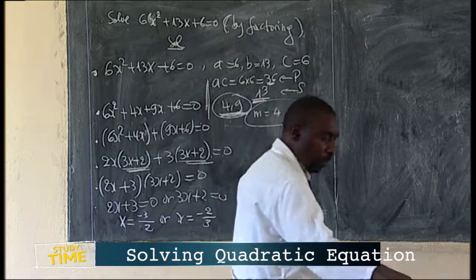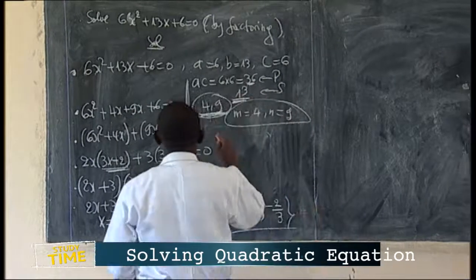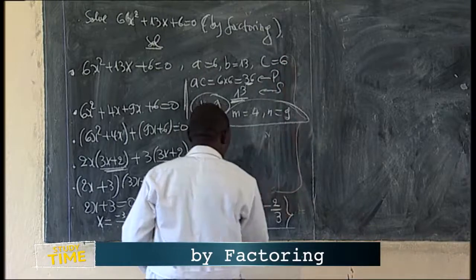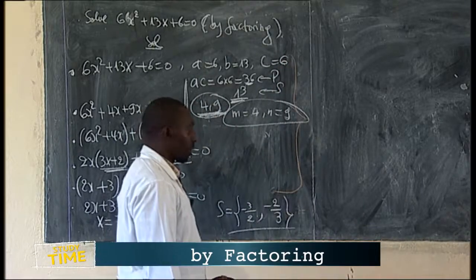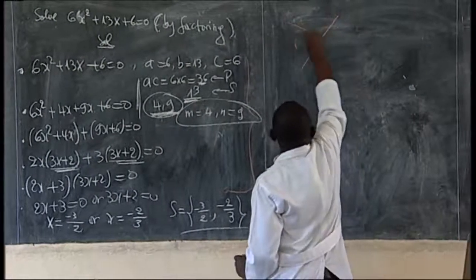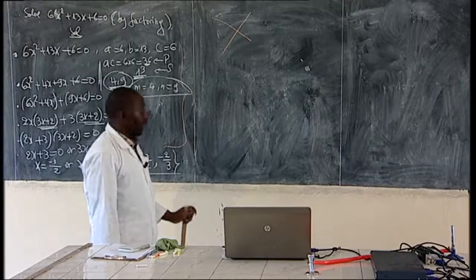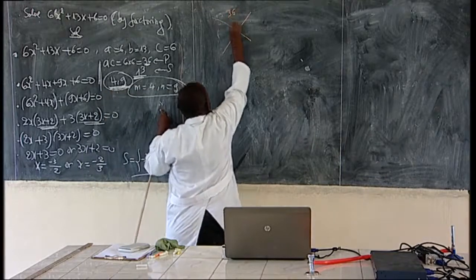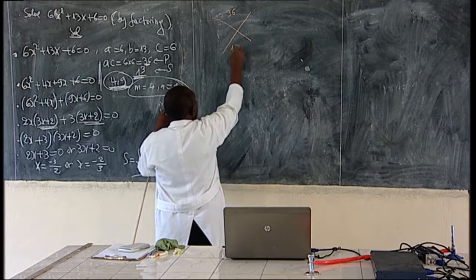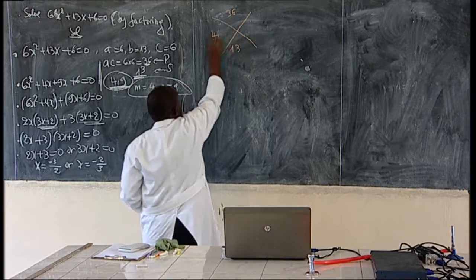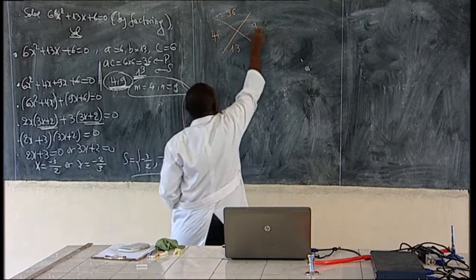But also, all these steps can be summarized in one. After getting the product, which was 36, and the sum, which was 13, the two numbers we have are 4 and 9.